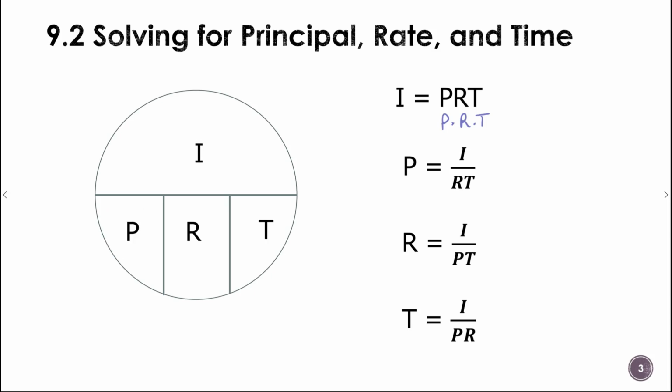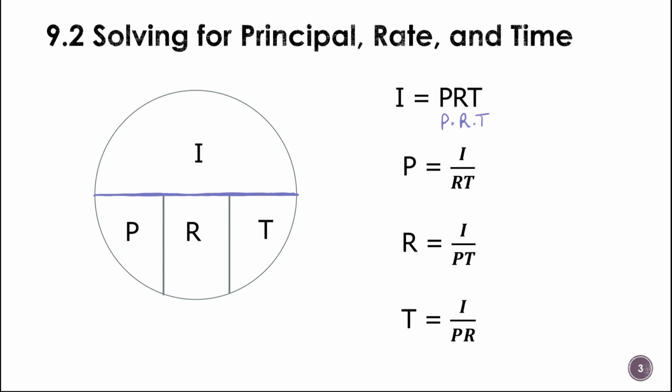So the missing part kind of helps you there. And also know this bar is our division bar. So it's telling me if I'm solving for one of the ones on the bottom, I'm going to be dividing. If I'm solving for the I, I'm multiplying.